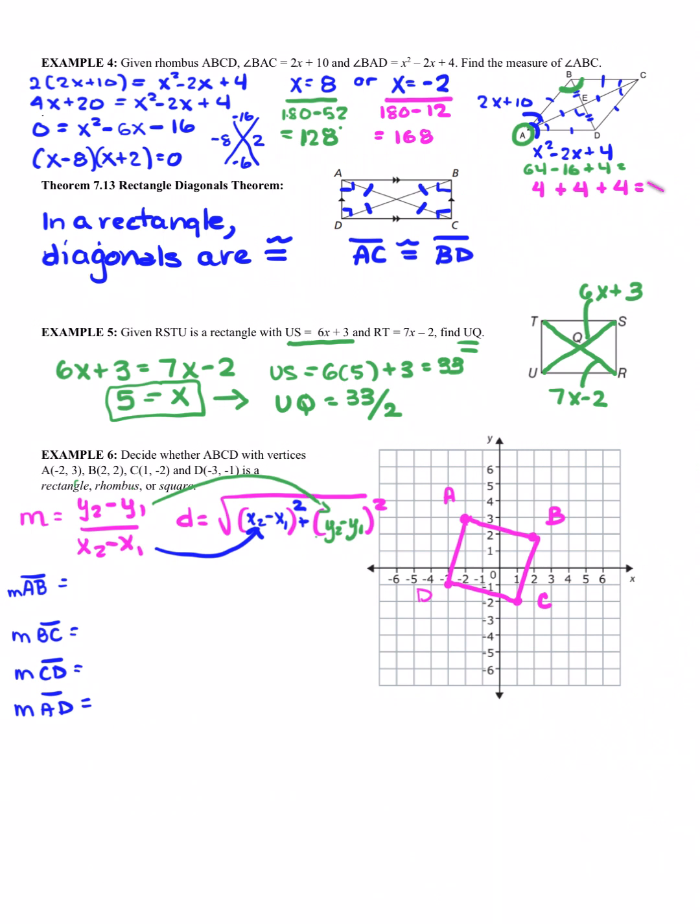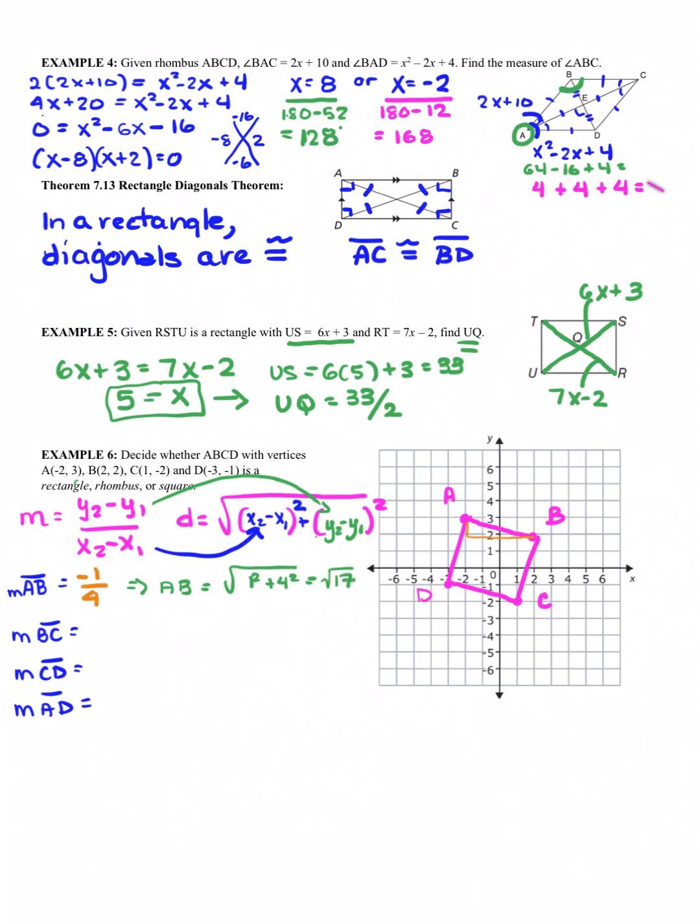You're welcome to do the actual formula, or since it's on a grid from A to B, I know I can go down 1 and over 4. That tells me that the length of AB, notice I didn't put any line over it because that means length, is 1 squared plus 4 squared. You can drop any negatives, so that's going to be the square root of 17.